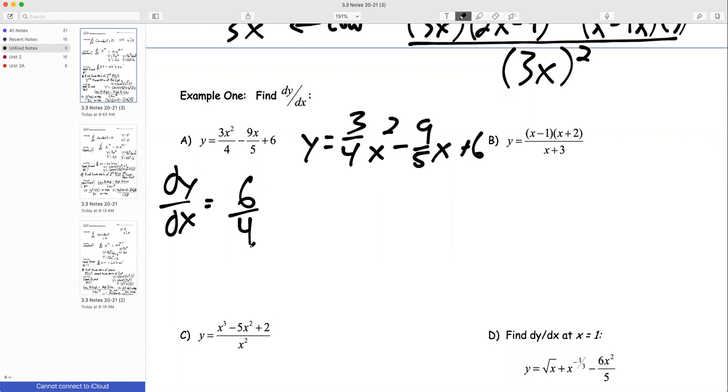Yes, fractions are our friends. And then I'm going to decrease the exponent by 1. And the derivative of negative 9/5 x is just negative 9/5. And the derivative of 6 is 0. It's a constant. Okay.